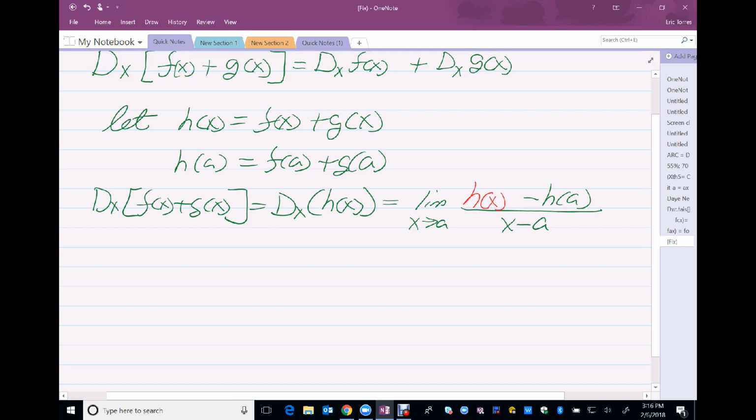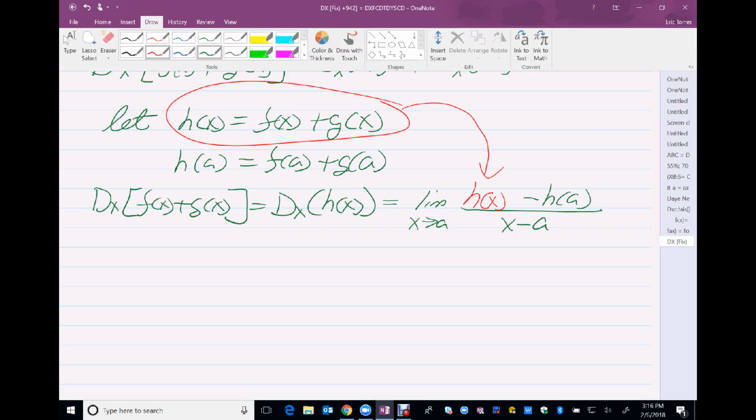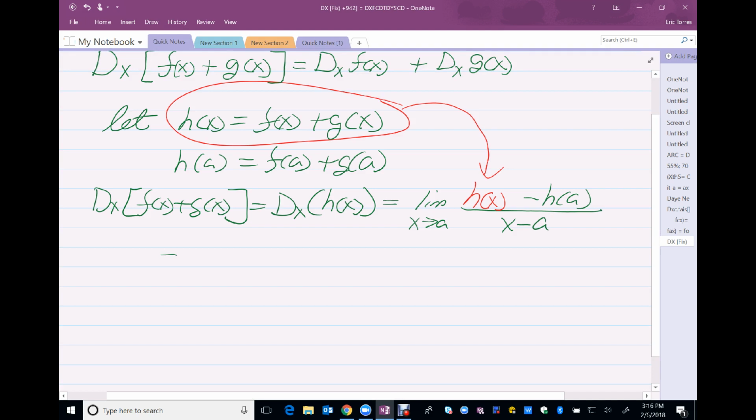And now I'm going to do my substitution, where h of x can be replaced. And I have this equals the limit as x goes to a of, on the top, my h of x, again I'm going to write in red, bringing it down, and I have f of x plus g of x.